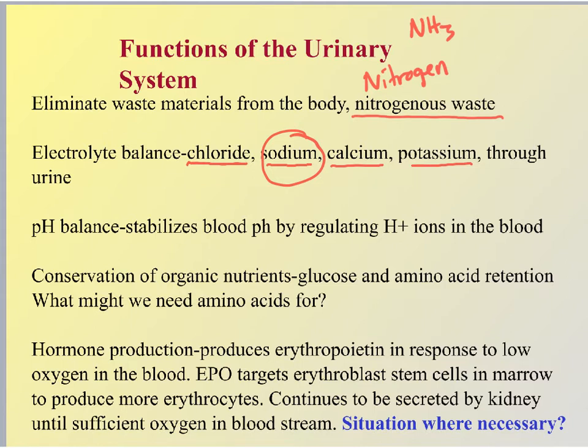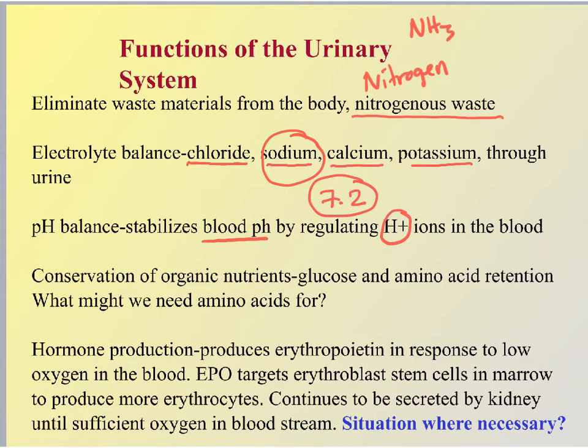Another thing that the urinary system accomplishes is stabilizing blood pH. So blood pH should be somewhere around 7.2. And one of the ways in which the pH of blood is held at a steady 7.2 is by regulating hydrogen ions in the blood.